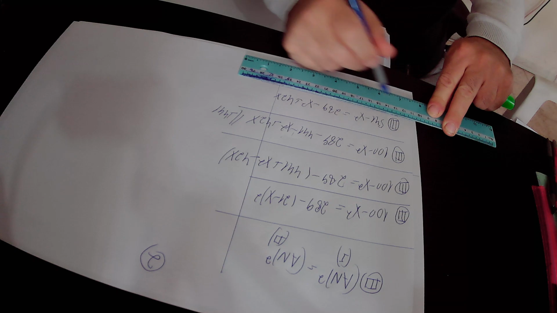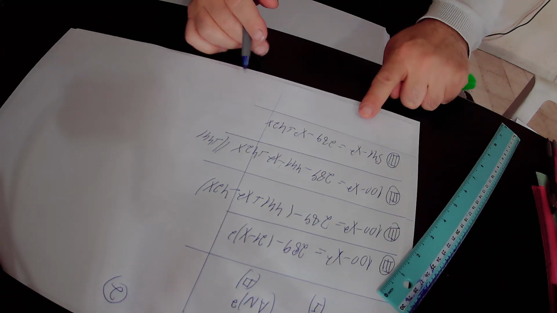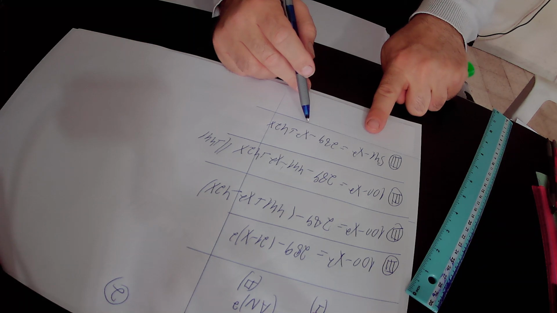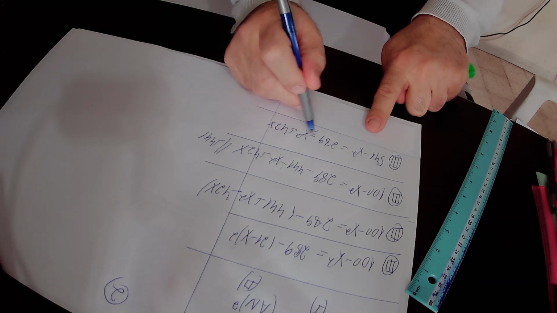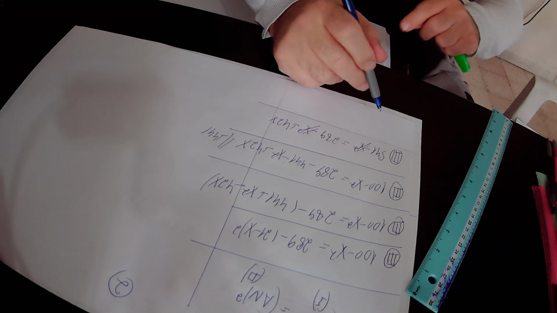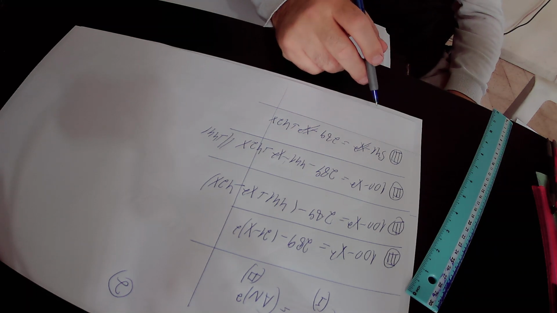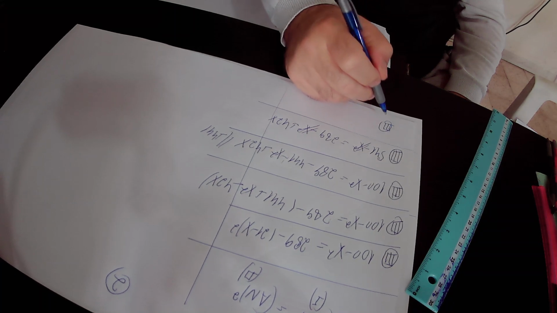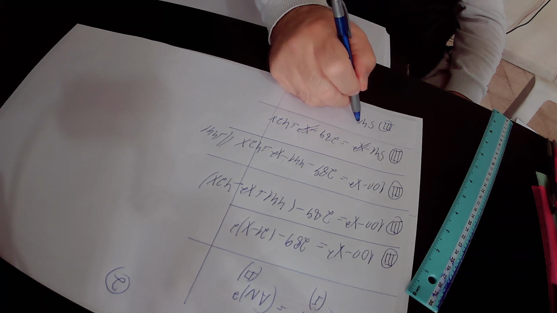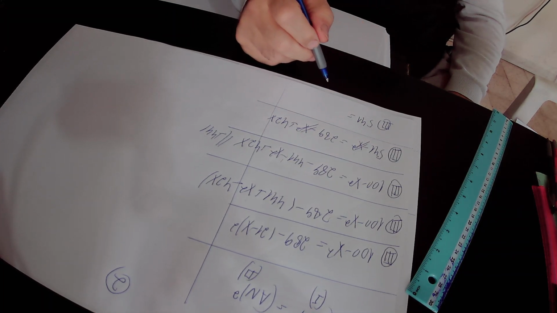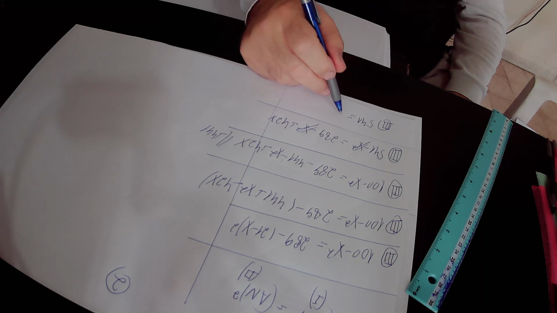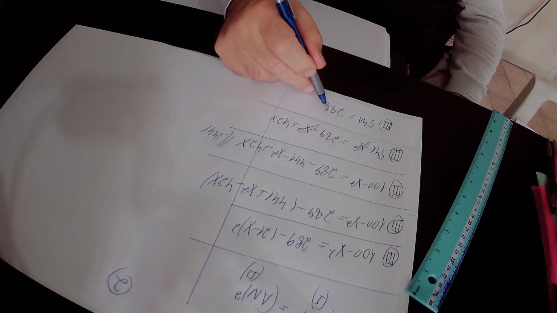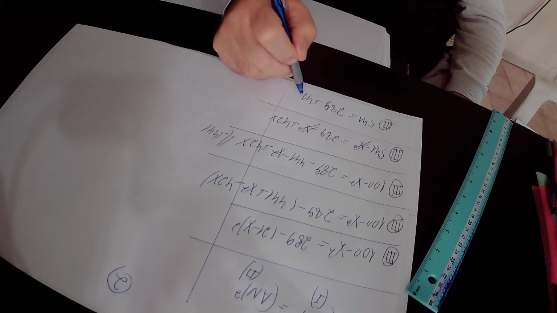Here we have minus x squared on both sides, so x squared gets cancelled. On one side we are left with only 541, and on the other side with 289 plus 42x.